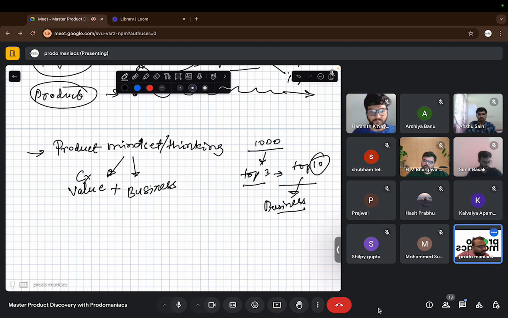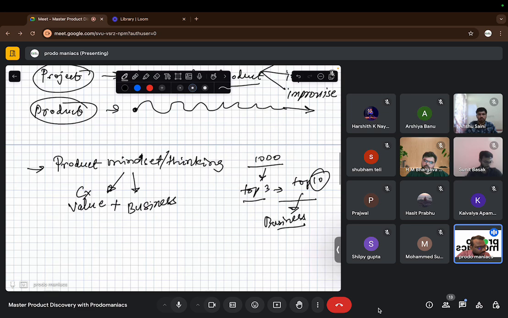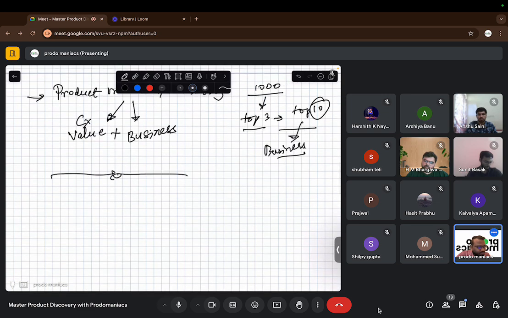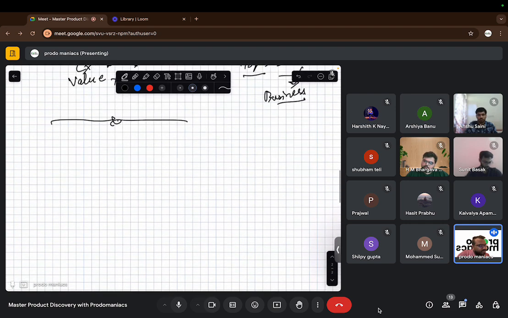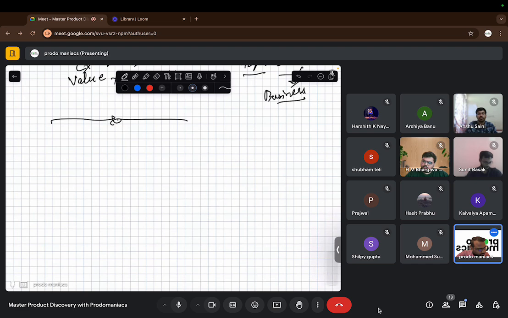Okay. And now what we are trying to do is, based on the things we discussed around assumptions, customer journey mapping, impact mapping, the JTBD framework, all these frameworks are there to understand customers' needs.